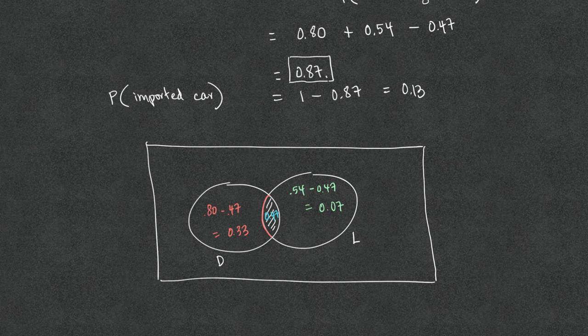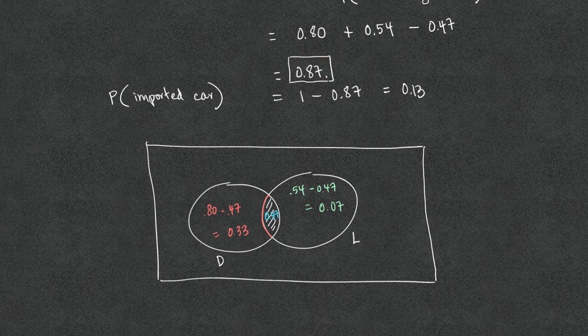And so if we were to randomly pick a vehicle, the probability that it is domestic or light truck is 33% plus 47% plus 7%, and it comes out exactly 87%.